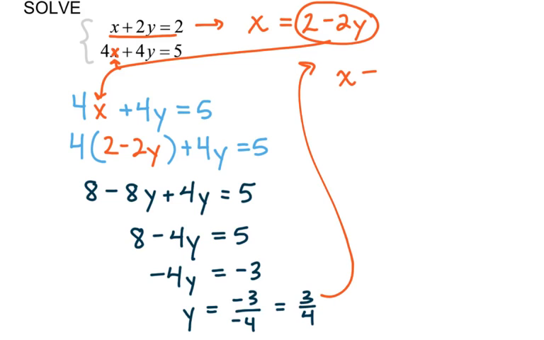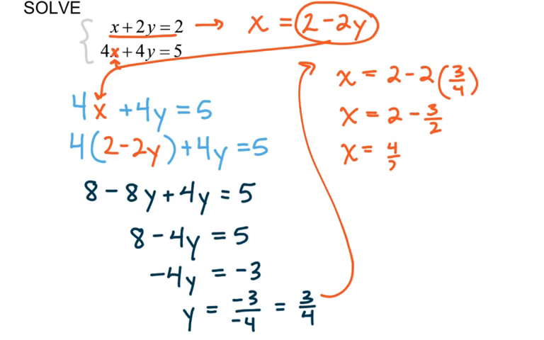So here I have x equals 2 minus 2 times my y value we just found, which was 3/4. So x equals 2 minus 3/2. 2 is the same as 4/2. So 4/2 minus 3/2, we get that x equals 1/2.